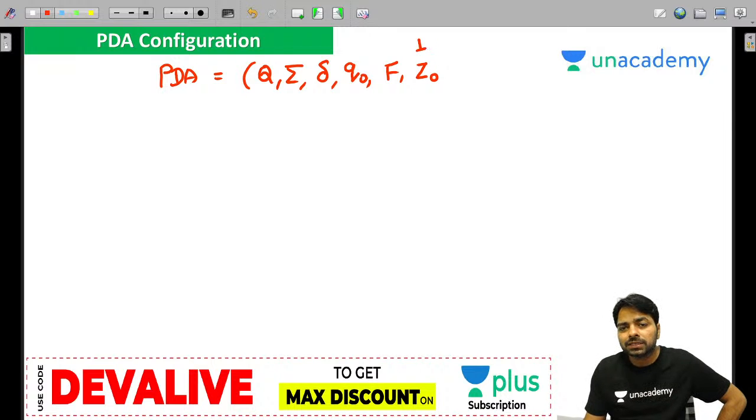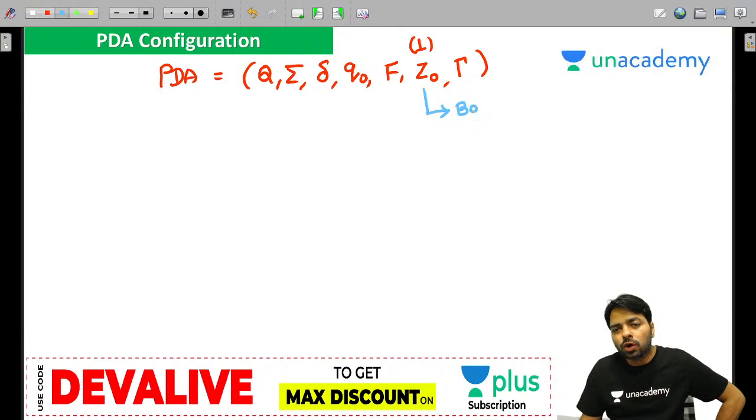Some people will represent it with a bottom symbol, and a gamma. Here Z naught is called the bottom of stack, or you can say initially the top of the stack. Initially we will place the top of stack symbol.